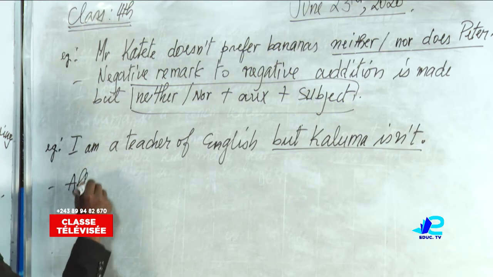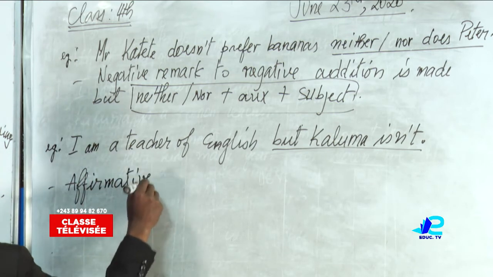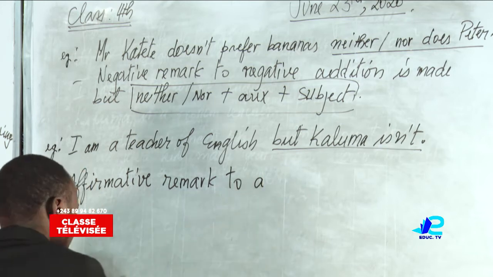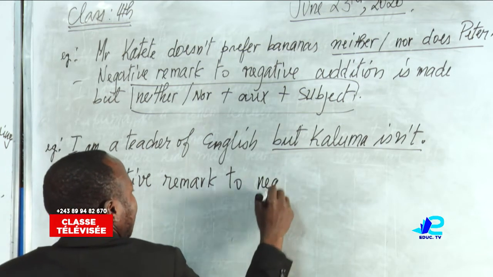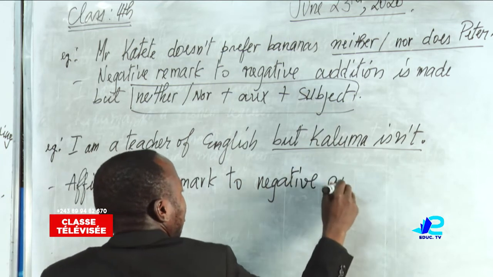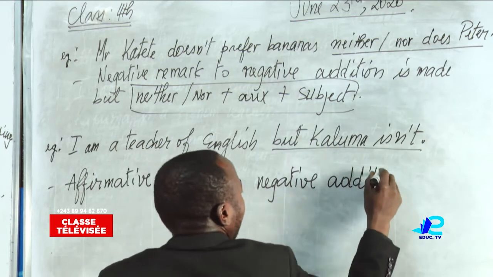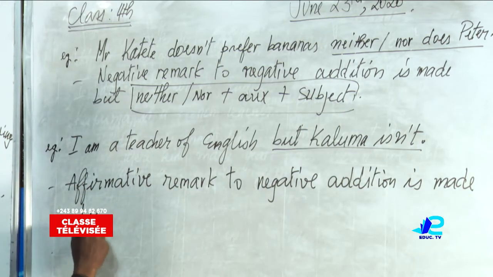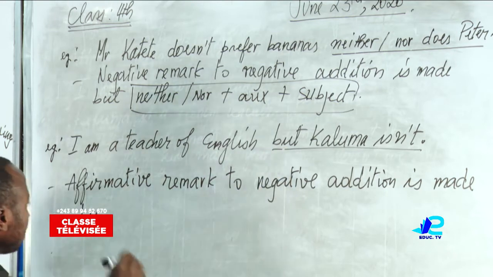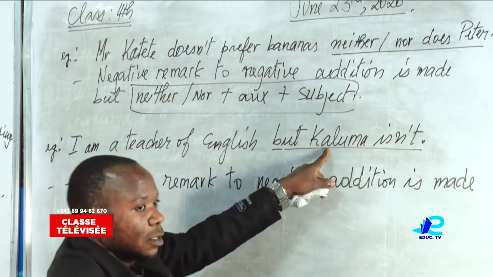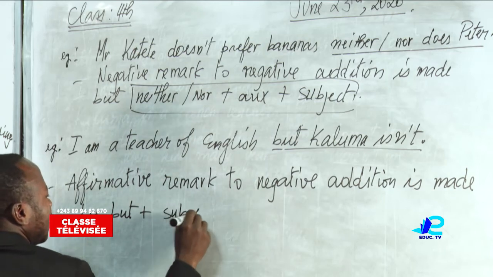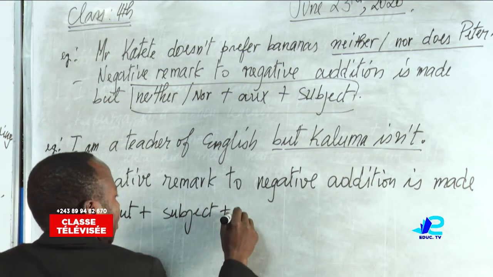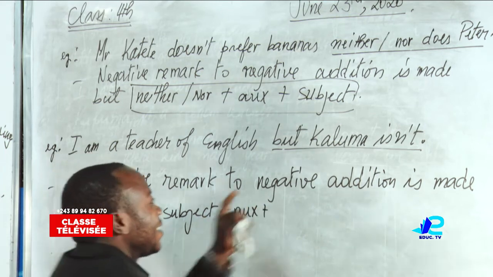Affirmative remark to negative addition is made by but plus subject, Kaluma, plus auxiliary plus the negation.